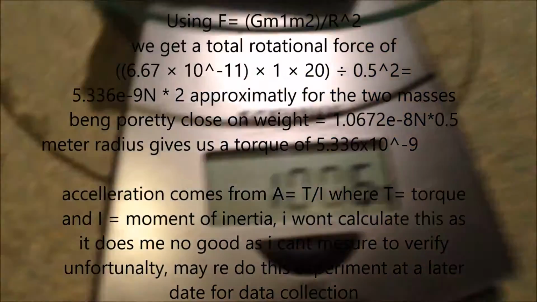The first mass is 1.01 kilograms. The second mass is, let's just zero that. There we go. Second mass is, oh come on, stop turning off. The second mass is 1.108 kilograms.